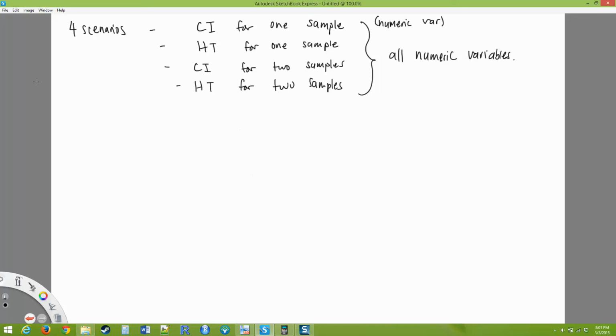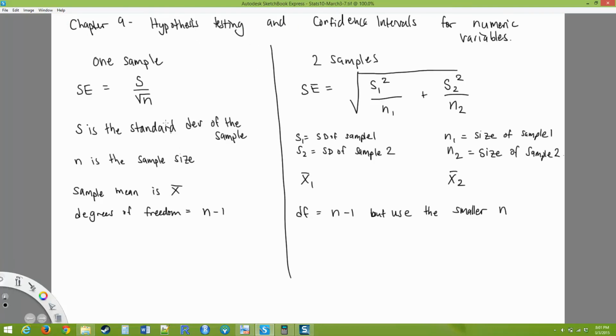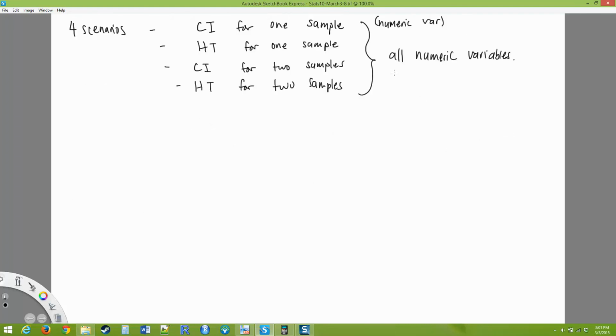All right, so anyway, we're going to cover each of these, but they're all very similar. It's just going back to that page that we did here. Just remember, this is the stuff you have for one sample. This is the stuff you have for two samples. If you can keep track of whether you have one sample or two samples, you're in good shape.